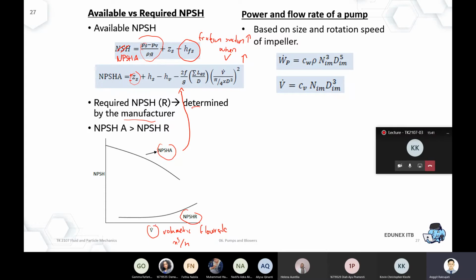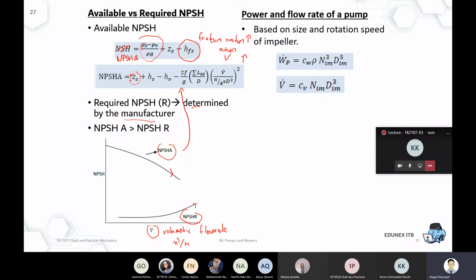On the other hand, the NPSH required tends to increase when the volumetric flow rate increases. Why? Again, when we have a higher amount of feed going into the pump, and the pump is not working ideally, there is a chance that the pressure drop will be higher than the initial condition.